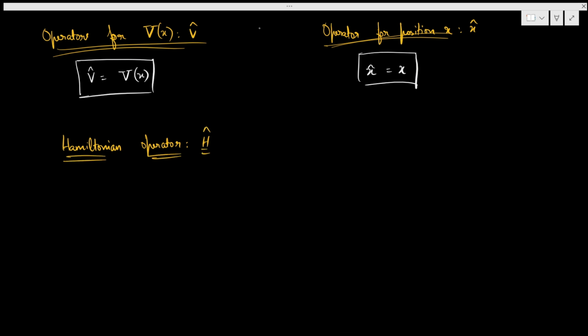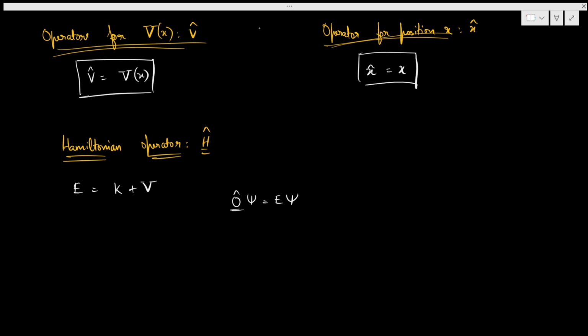So we know that total energy E is equal to kinetic energy plus potential energy, right? K plus V. Now it would also make sense, if you had some operator O cap into ψ, giving you Eψ, this is your operator for energy.